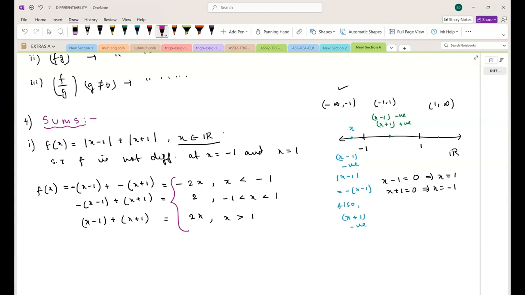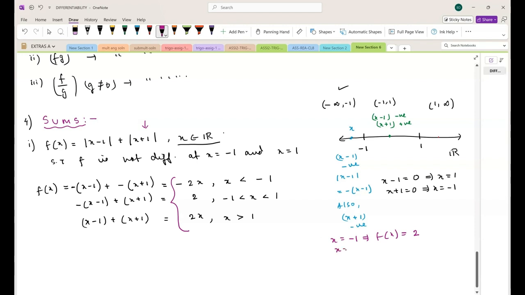And what happens at the points −1 and 1? Obviously, you can see from the definition, if you put x equal to −1, then this portion vanishes and this becomes |−2|, that is 2.